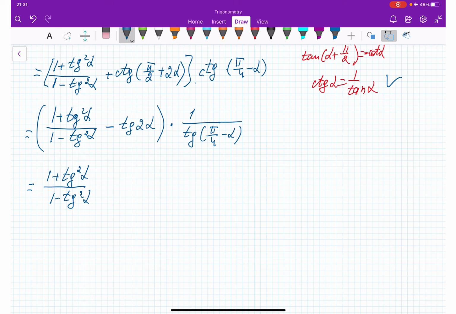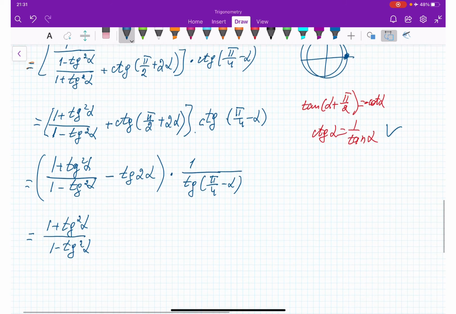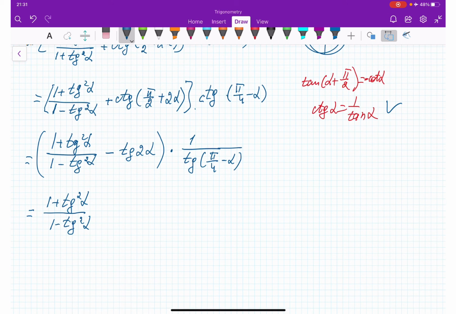and tangent 2 alpha, I'm going to use the formula where tangent 2 alpha is equal to 2 tangent alpha divided by 1 minus tangent squared alpha.